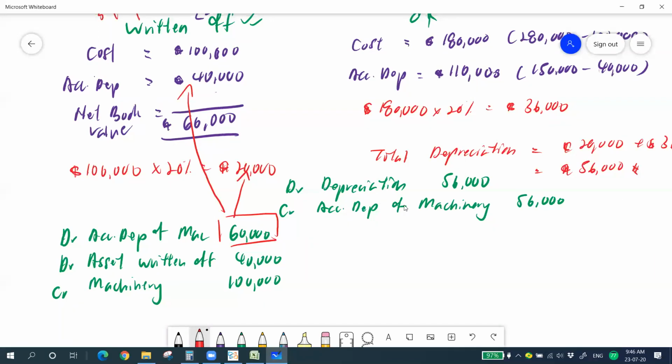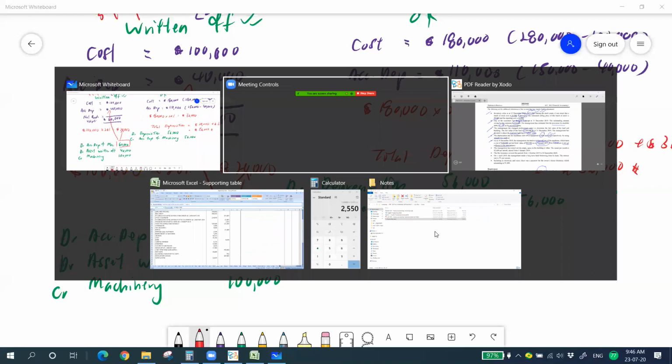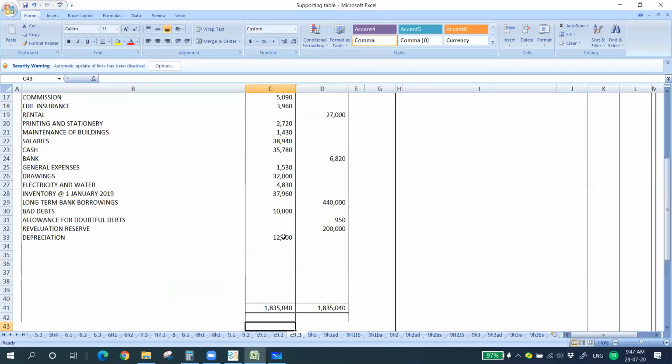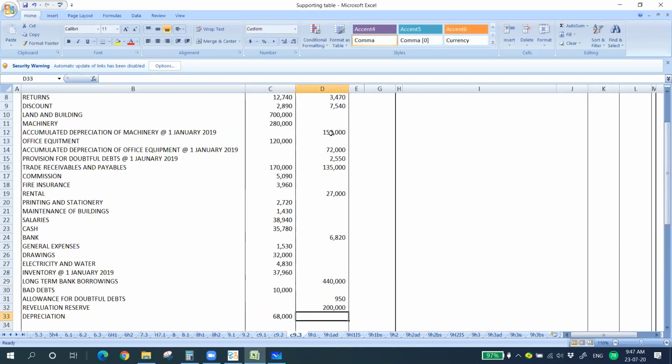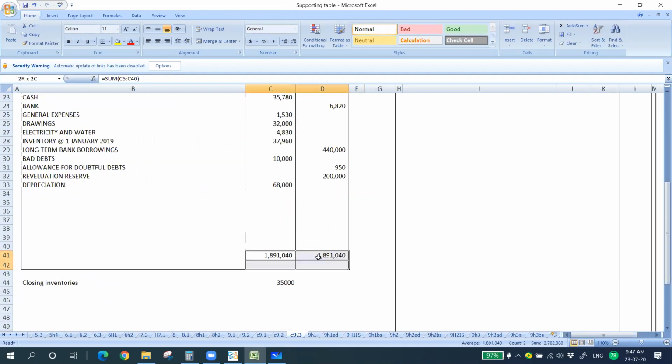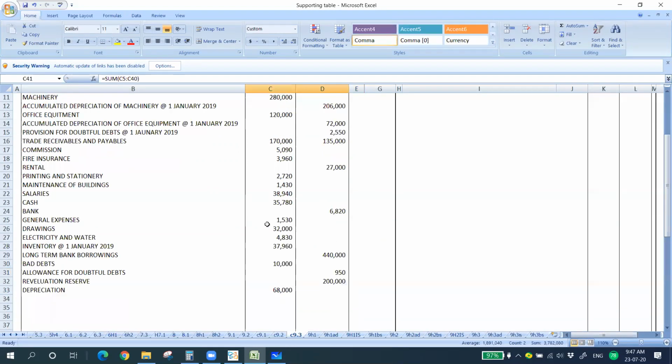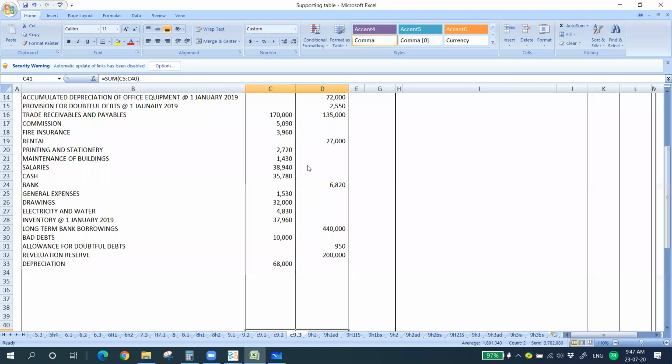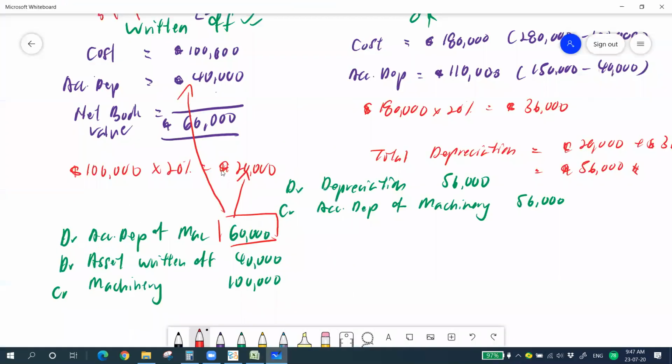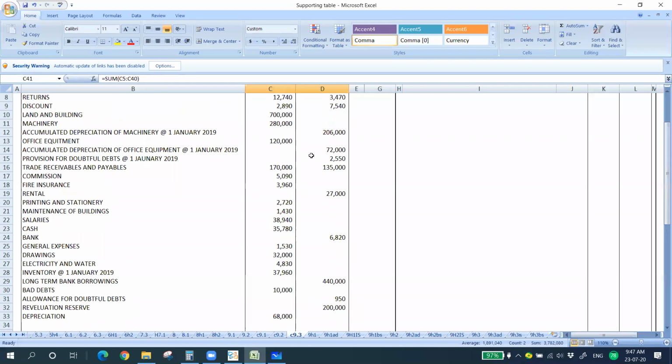So first we record the depreciation. Depreciation, I will add 56,000, and then this 56,000 I will credit to the accumulated depreciation of machinery account. After you record this, have a look at the total. Yes, the total is the same. Next, we record the double entry here. So we minus 60.